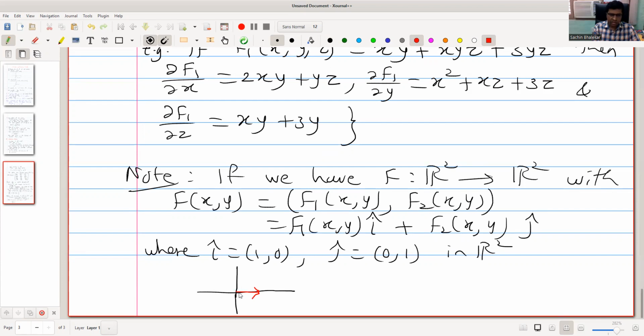So this is a vector along the x axis starting at origin and up to point 1, 0, that is of length 1. This is i hat, and we have j hat that is along the y axis. So this is 0, 1, from origin to point 0, 1.